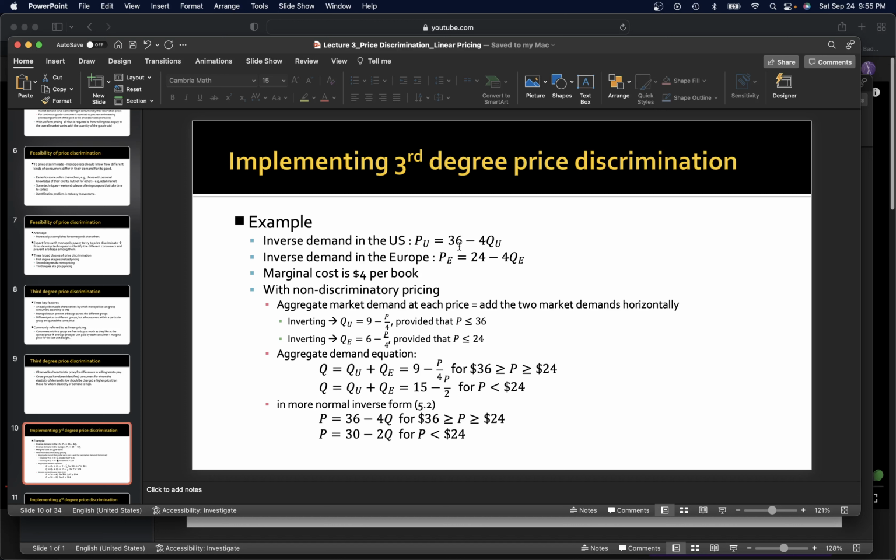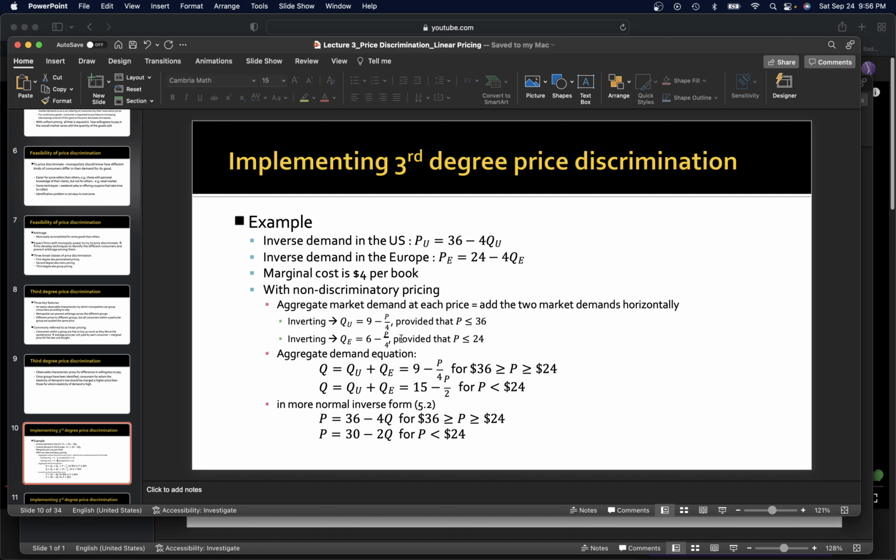If price is 36, quantity is 0, but when price is less than 36, quantity is greater than 0. You can see it from the inverse demand curve most clearly. And for Europe, it's when price is less than 24 that Europe starts purchasing.